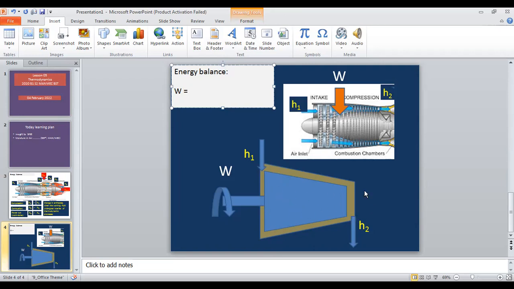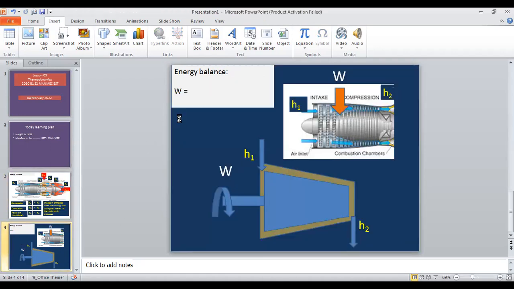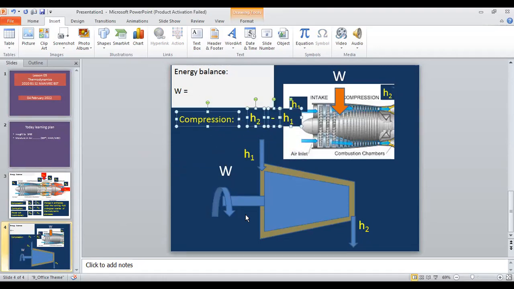So compression makes the air or the working fluid energized and leave it here at 2. So energy balance for this compression process, as I mentioned here, H2 minus H1. So the compression work is H2 minus H1.